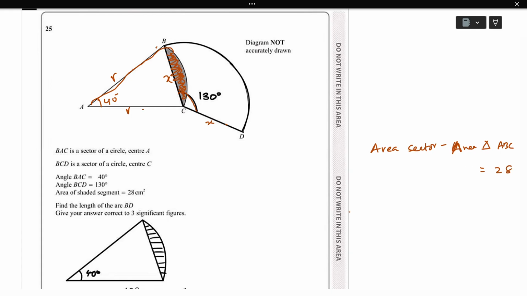So I'll go for the formula, area of the sector, which is theta by 360 into pi r square. Theta is given, which is 40.